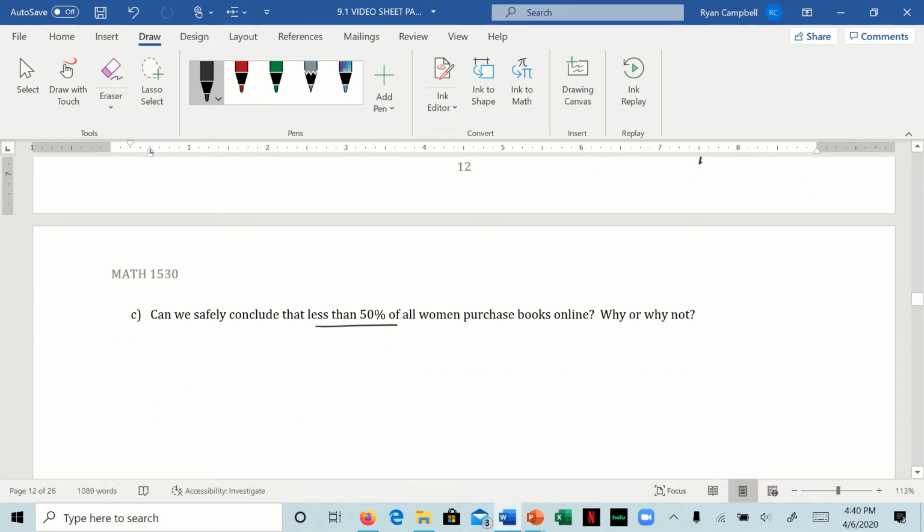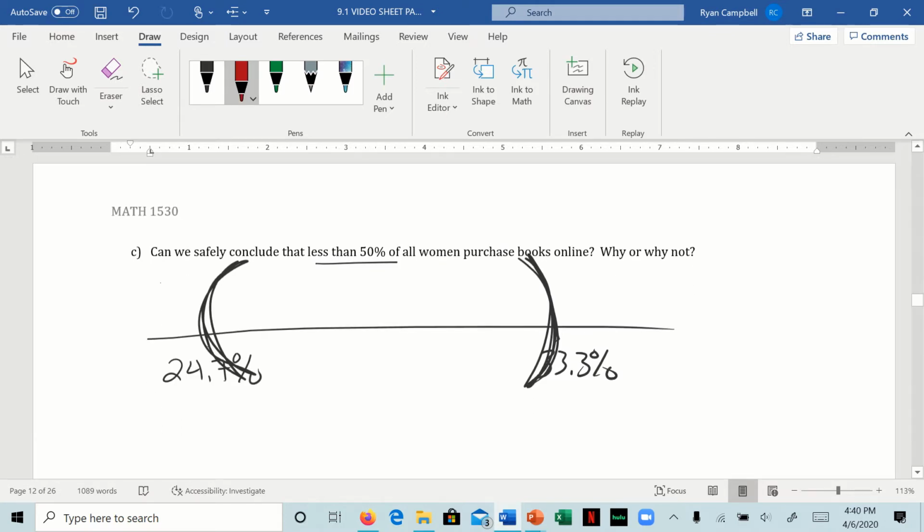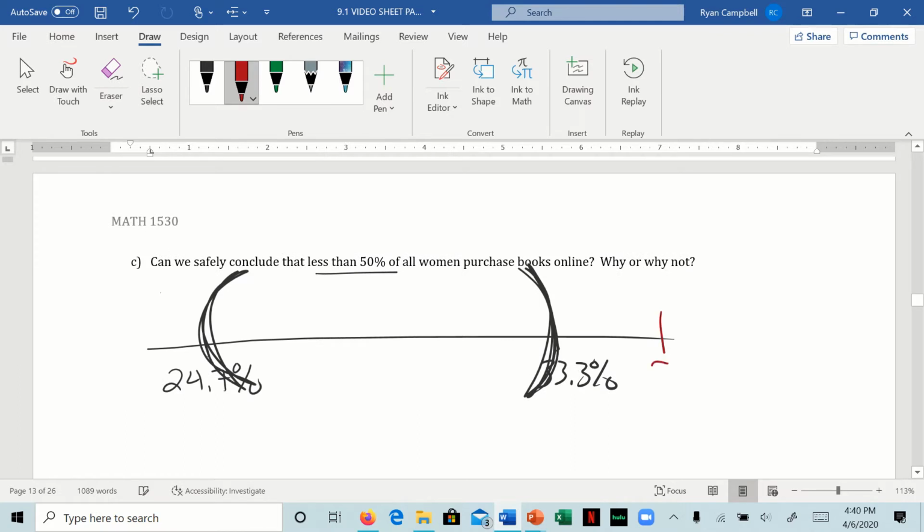So our confidence interval, if you drew it on a number line, would be 24.7%, 33.3%, and we know that the proportion should be somewhere between these two numbers. So where do we see 50%? 50% is way out here on the outside, right?